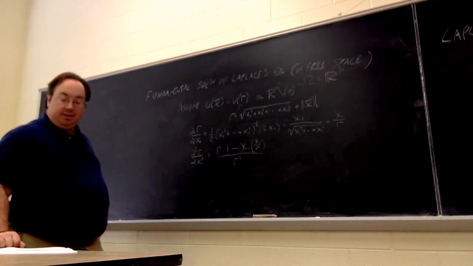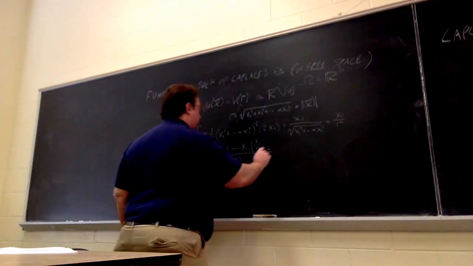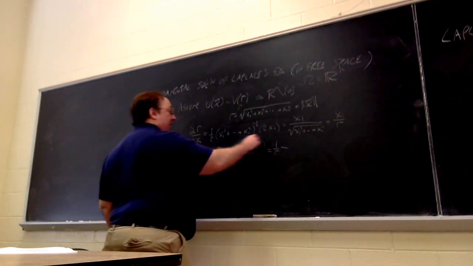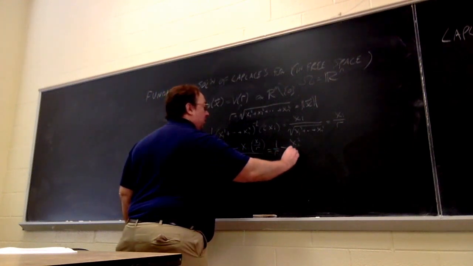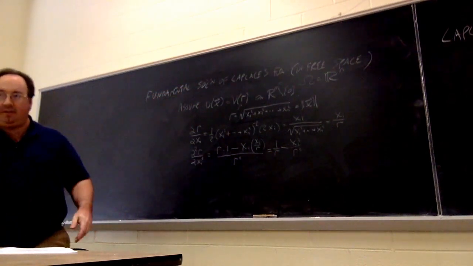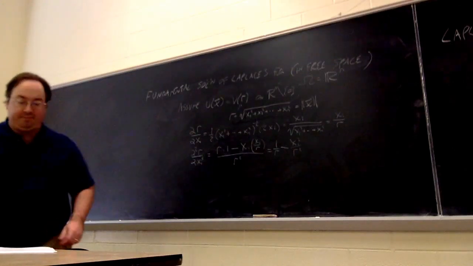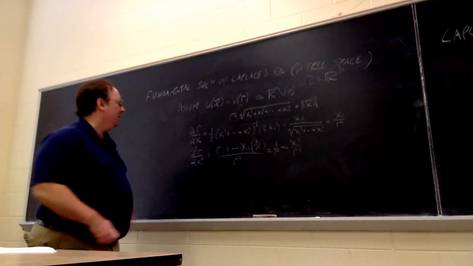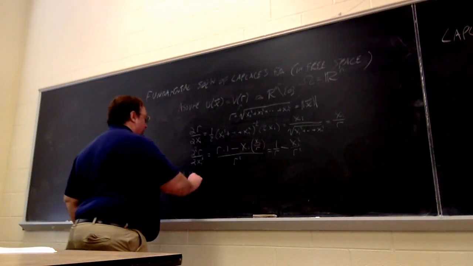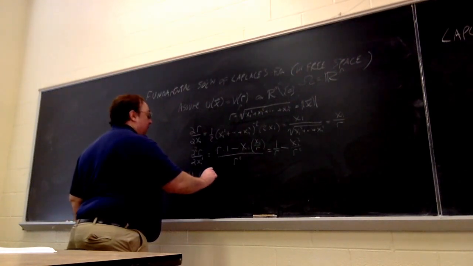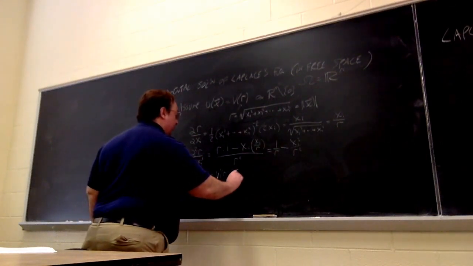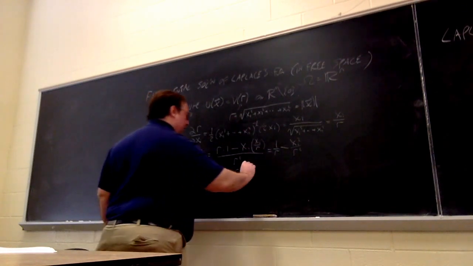Now I can simplify that, and I get 1 over r minus xi squared over r squared. So, now if I assume that u has this form, then a partial derivative of u with respect to xi is going to be v prime of r, partial of r with respect to xi, but I have that.